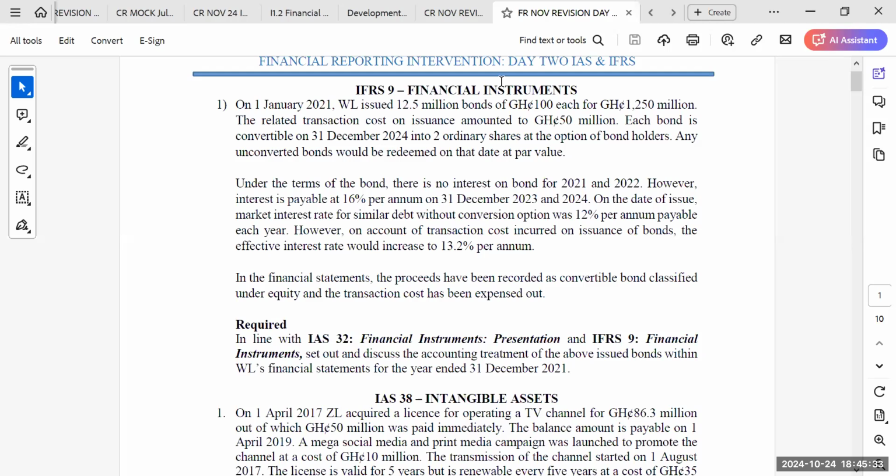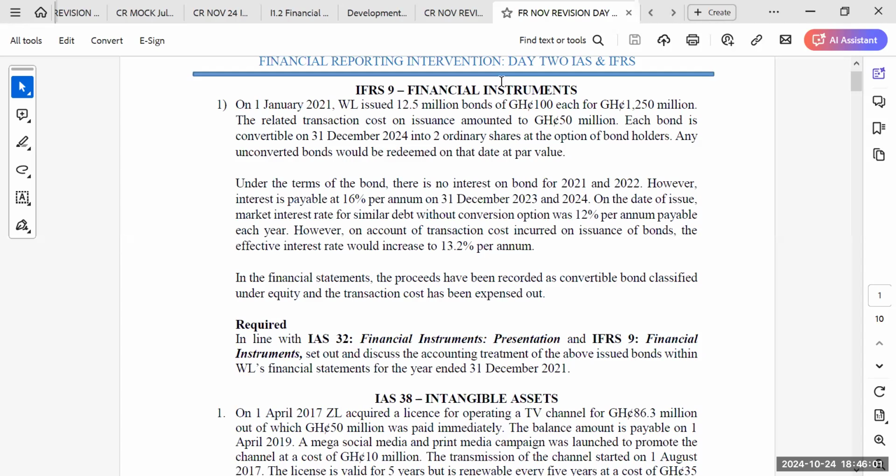On the date of issue, market interest rates for similar debts without conversion option was 12% per annum, payable each year. However, on account of transaction costs incurred on issuance of bonds, the effective interest rate would increase to 13.2% per annum. In the financial statements, the proceeds have been recorded as convertible bond, classified under equity, and the transaction cost has been expensed out.